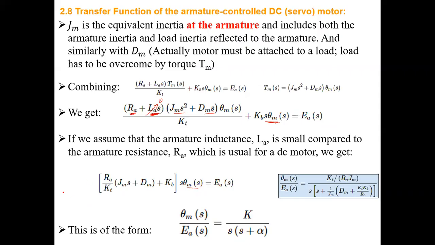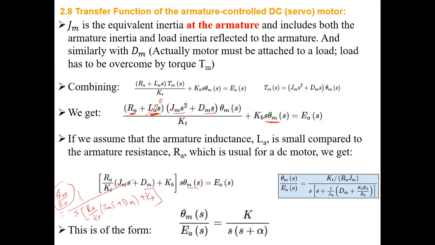Theta m over EA equals 1 over s times R A over K T, J M s plus D M, plus K B. That's what I got.